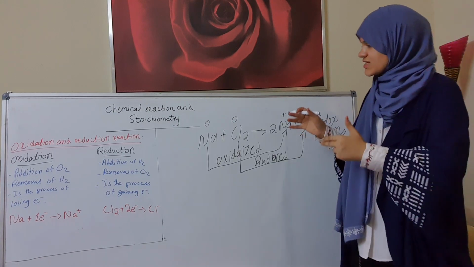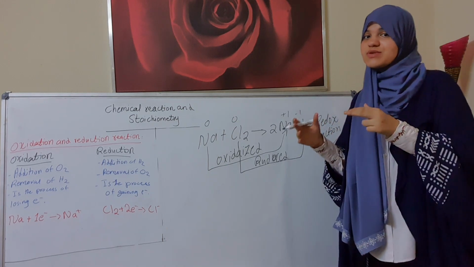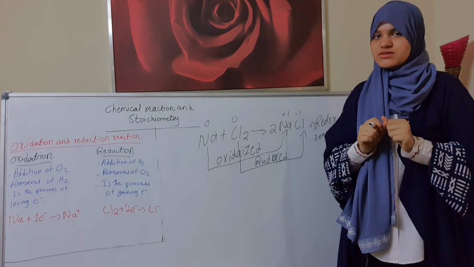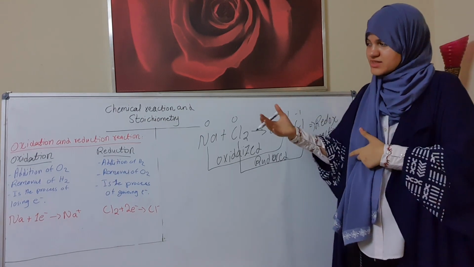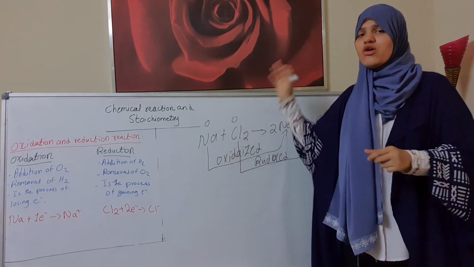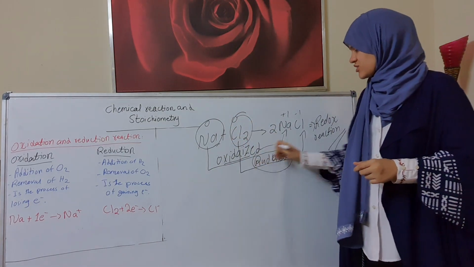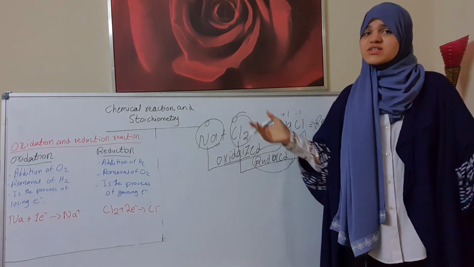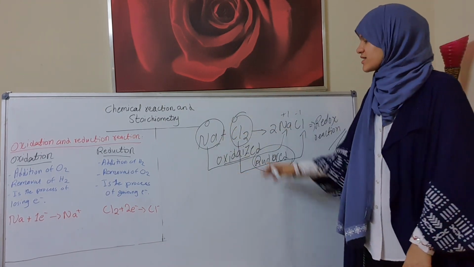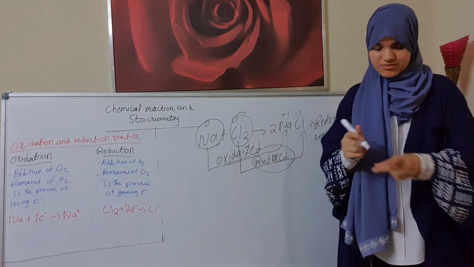Now there is reduction and oxidation, which have the reducing and oxidizing agents, and we will see the differences afterwards. But as we said before, always the first element will be oxidized and the second element will be reduced. In most compounds it is like this: the first one is always oxidized, and the second element is always reduced.